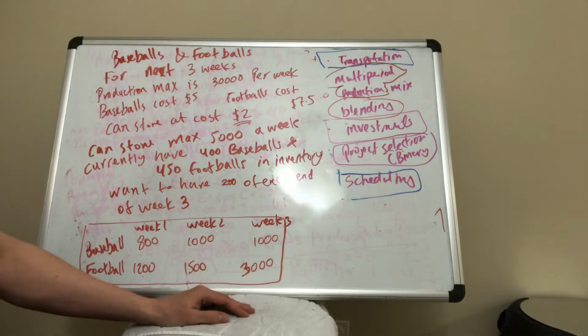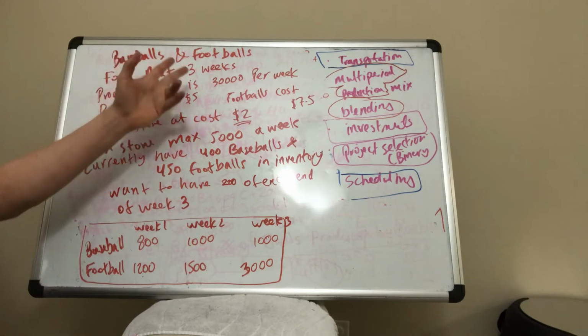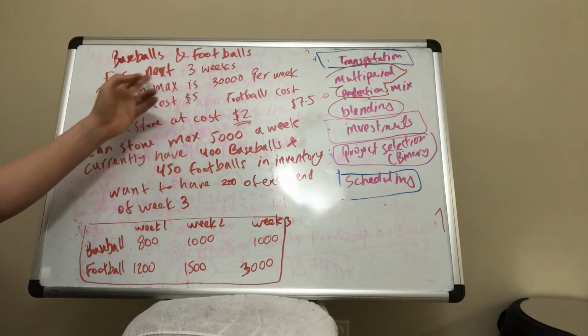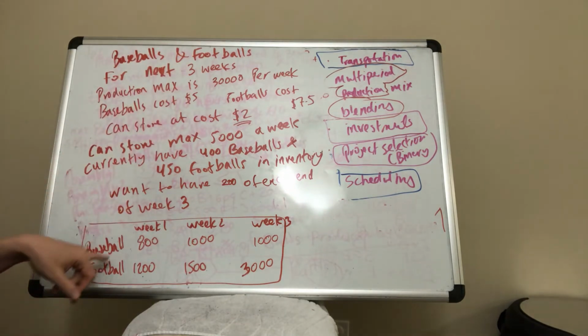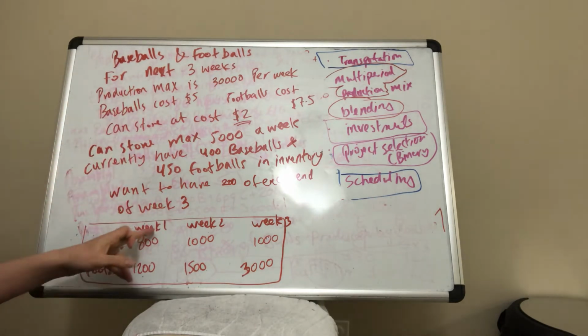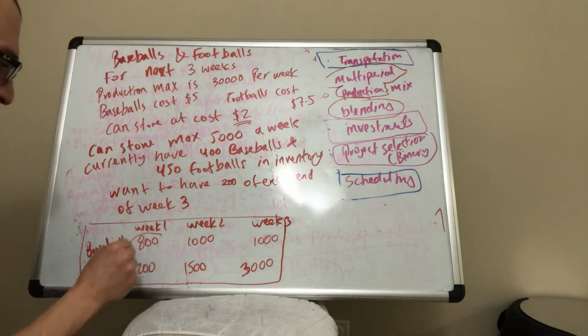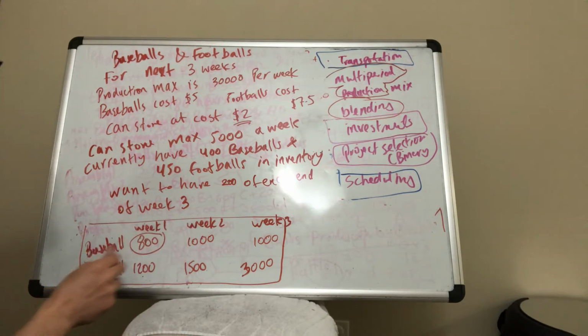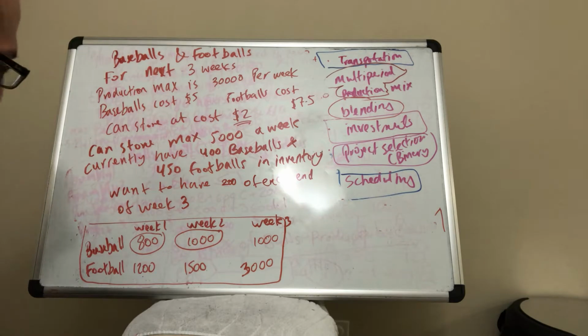This company makes baseballs and footballs for the next 3 weeks, but in each week there is a certain demand. So if they do a baseball in week 1, the demand is they gotta have 800. If they do a baseball in week 2, demand is 1,000. And they give you all the different demands.